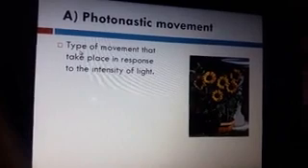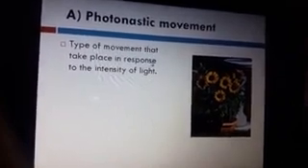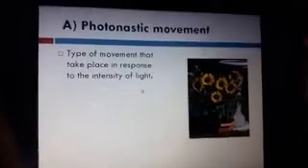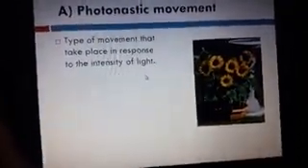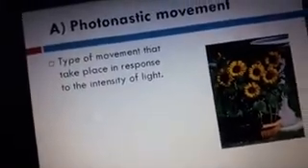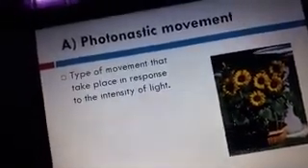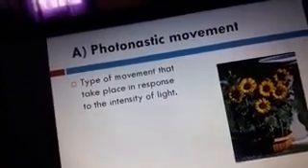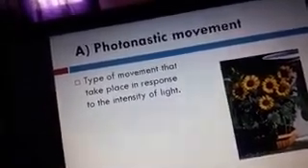First is photonastic movement. Photonastic movement means the type of movement that a plant shows in response to the intensity of the light. And for example, we can take this sunflower. It is best known that photonastic movement is the sleep movement of leaves.